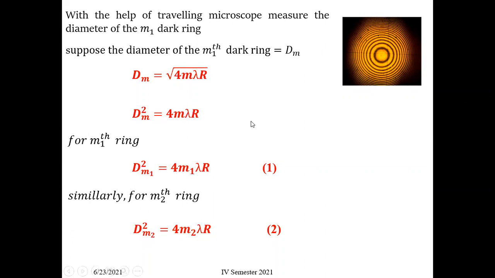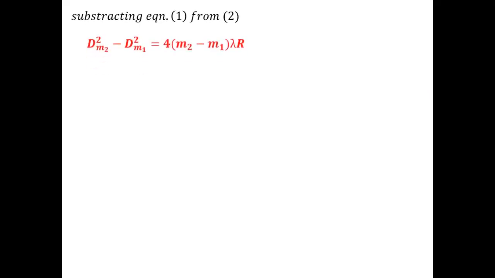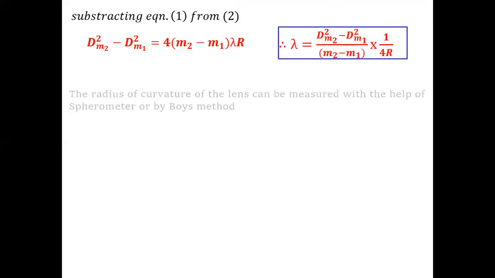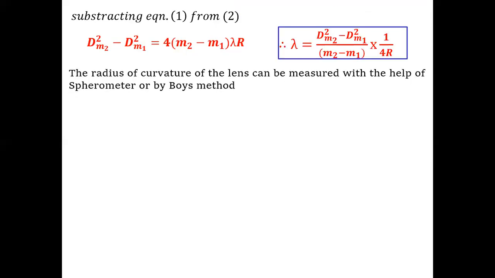Therefore, you have to subtract equation 1 from equation 2. What do you get? Dm2 squared minus Dm1 squared is equal to 4 into m2 minus m1 into lambda R. Simplifying it, lambda is equal to Dm2 squared minus Dm1 squared divided by m2 minus m1, into 1 by 4R.